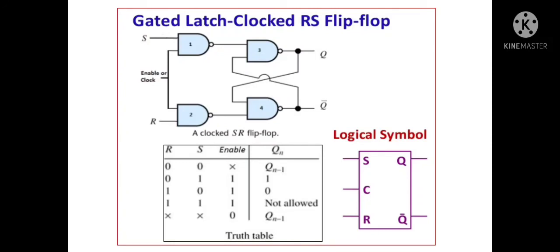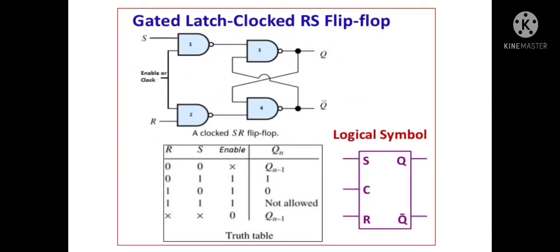The SR flip-flop is modified into a clock SR flip-flop by adding these two gates, this one and this second one, along with the clock signal, which is also called the enable signal, and the remaining two inputs are the same, S input and R input, and the same with the outputs, Q output and its complemented Q bar output.